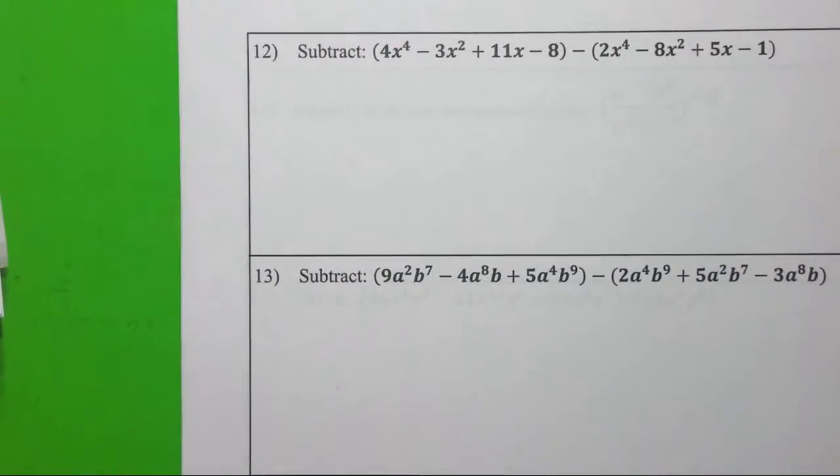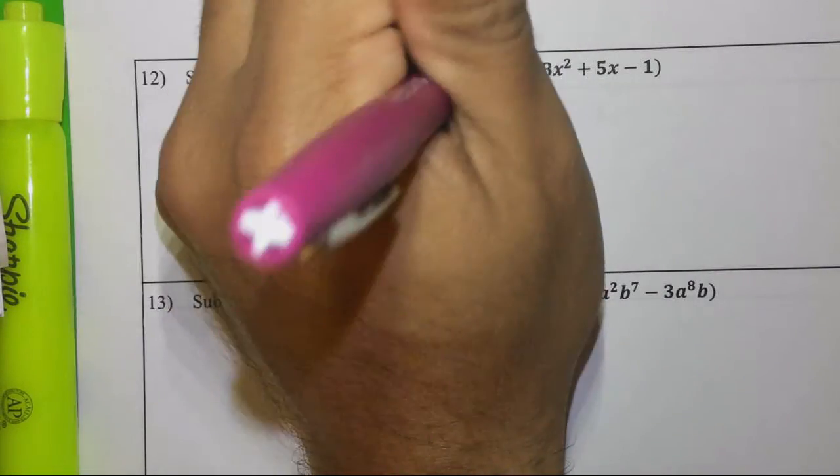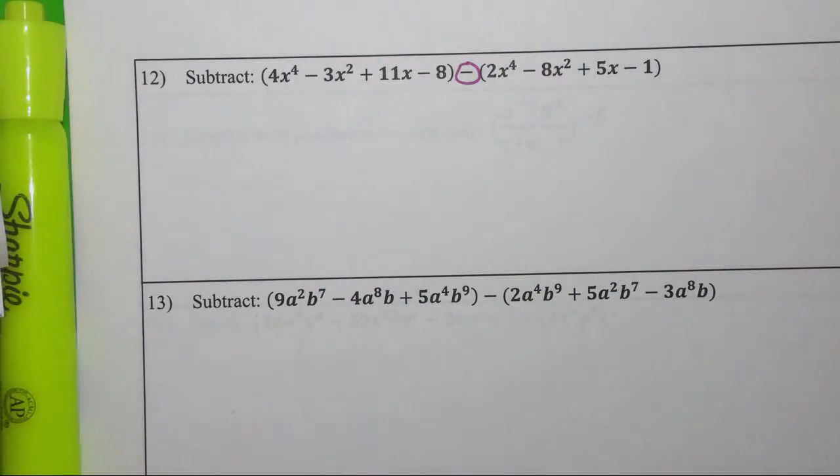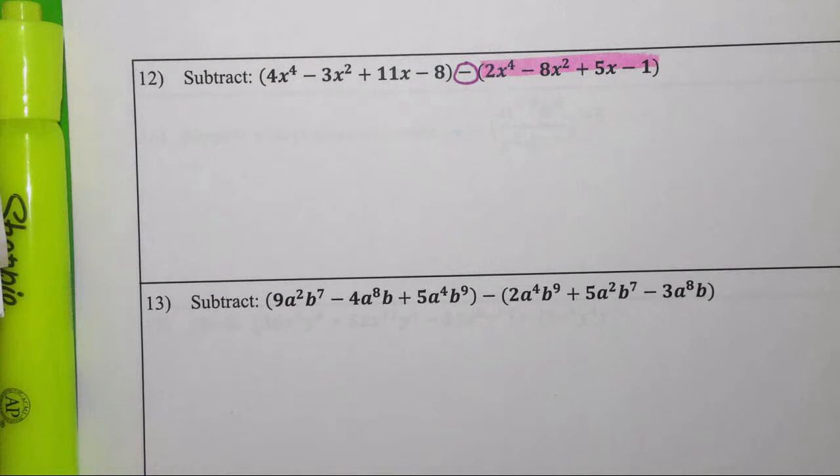Number 12, it says to subtract. So remember the rule for subtraction, that you drop the parentheses, but everything behind the minus, you're going to have to change to its opposite sign.